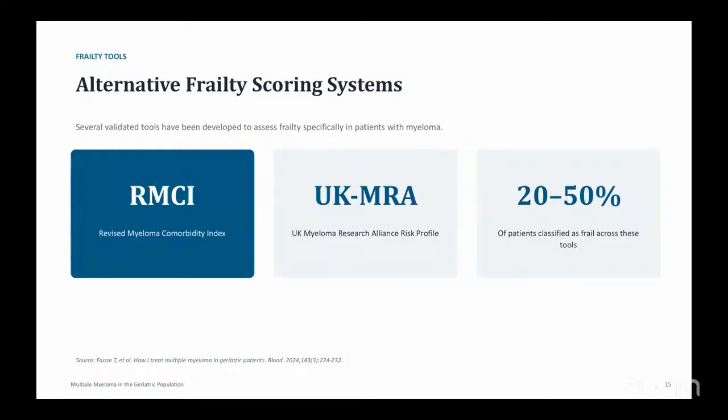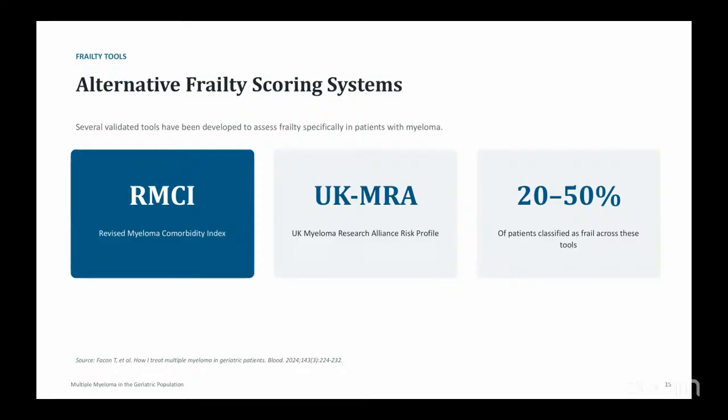Okay, now there are also other scores, including the R-MSI and the UK MRA. Those are additional frailty scoring systems, and they assess different aspects of vulnerability.